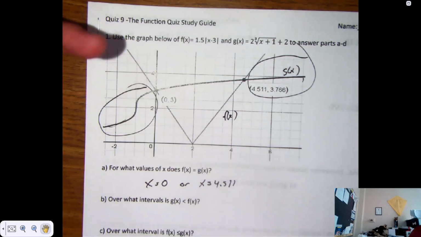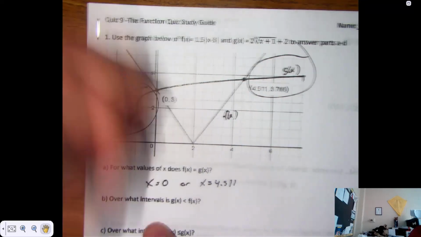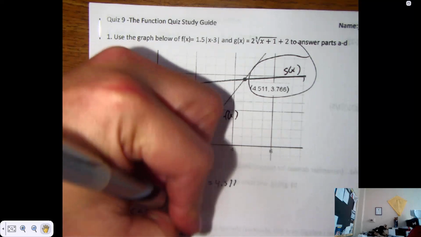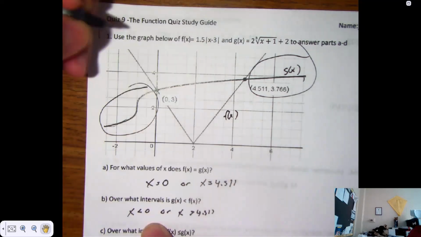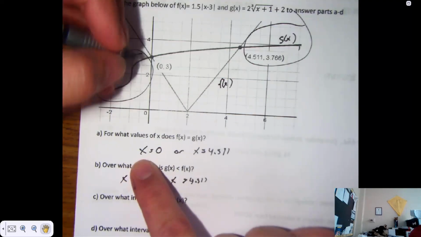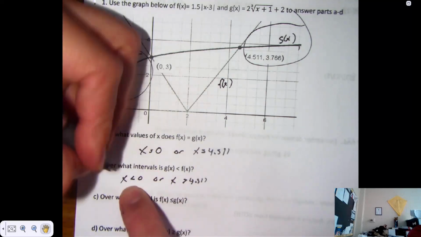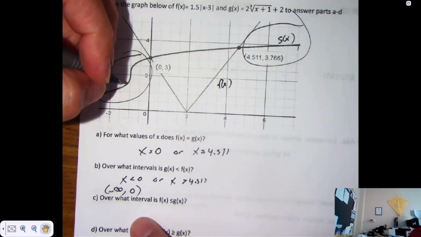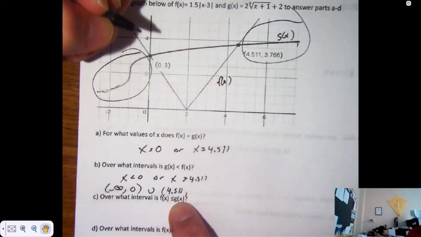Now, I'll probably use interval notation on this. It happens when x is less than 0 or when x is greater than 4.511. As an interval, less than 0 means negative infinity to 0. Greater than 4.511 means 4.511 to what? To infinity.